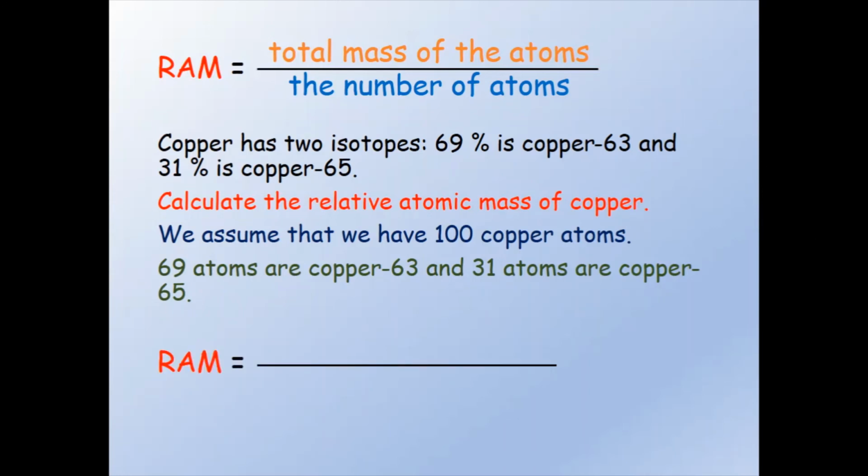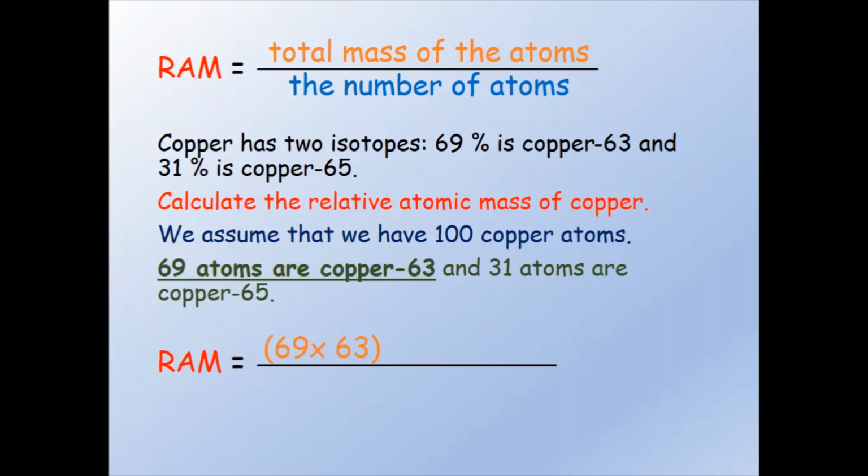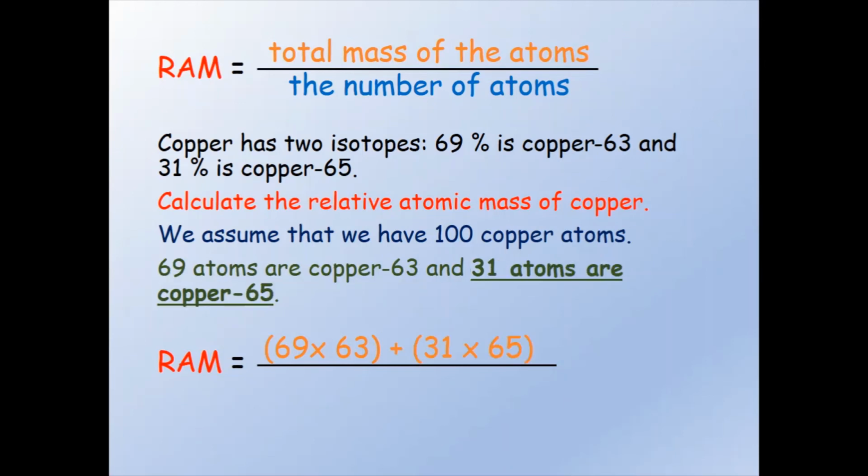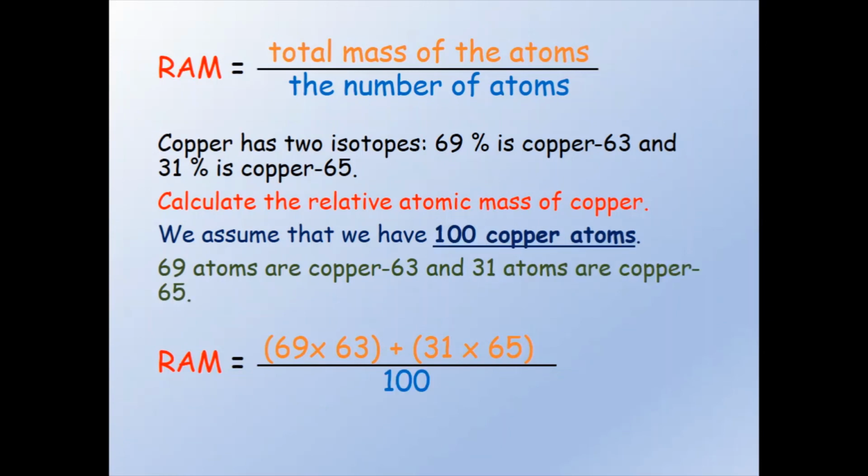So we have RAM equals, we have 69 atoms that are copper 63, so in the first brackets we write 69 times 63. Then we have 31 more atoms that are copper 65, so we get plus, and then in brackets 31 times 65, divided by the number of atoms, that is 100, so we divide this by 100.